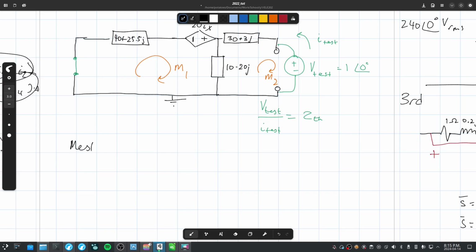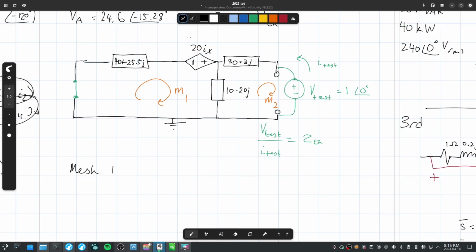Mesh 1, let's start from the dependent thing here. So that's going to be 20 IX. Remember that we're finding voltage here. So this is a voltage source, so we could just do 20 IX, or in this case, I1, because this is IX, which is also equal to I1.